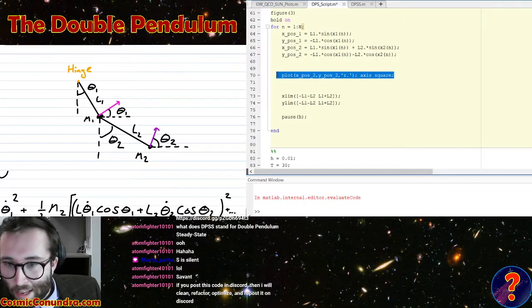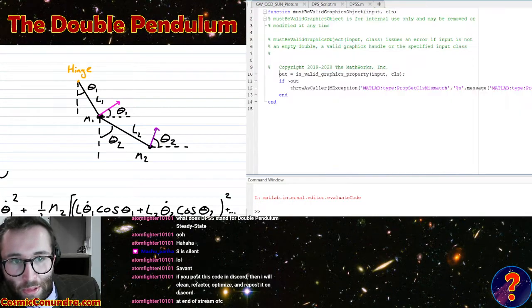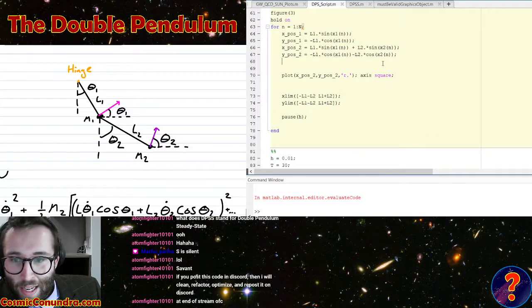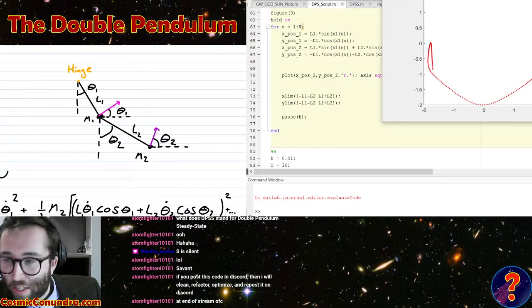What I was plotting here was the x-coordinate of the first particle and the y-coordinate of the second particle. So actually, the thing we plotted up here was not a physical thing. It was a weird combination looking at the x-coordinate of one particle and the y-coordinate of the other particle. Okay, that's a slight error. That's fine. But now that should be corrected. So now this is truly the x and y coordinates of the second end of the mass.